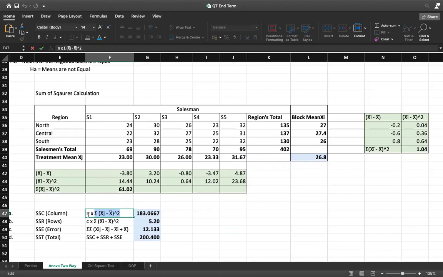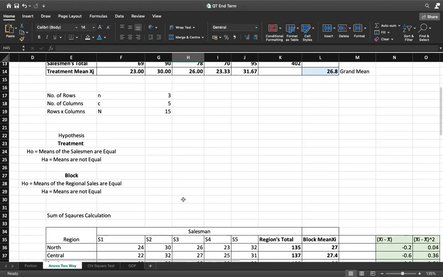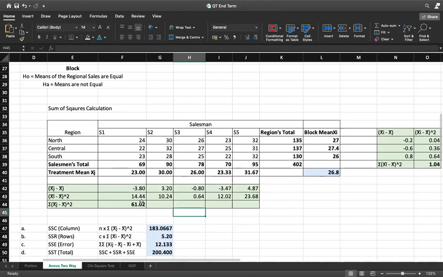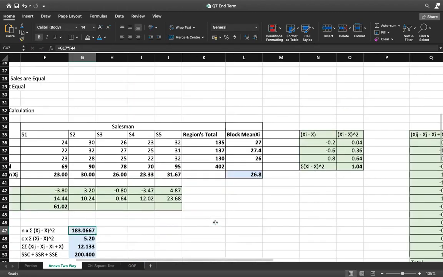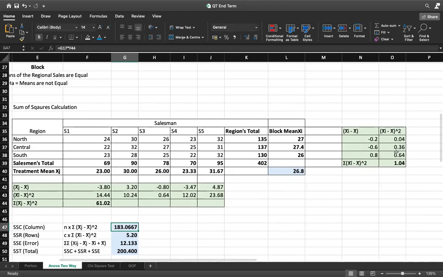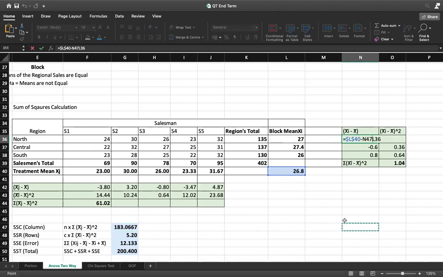You multiply this by n. N is defined as the number of rows, which is 3. So this is just a basic formula that we'll be using. The same thing you do for your block means. You subtract the grand mean from each of your block means. So this is what I've done.